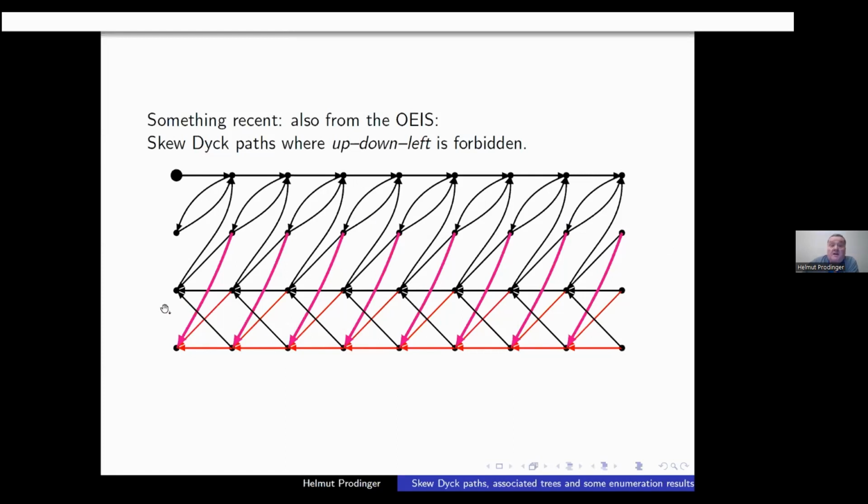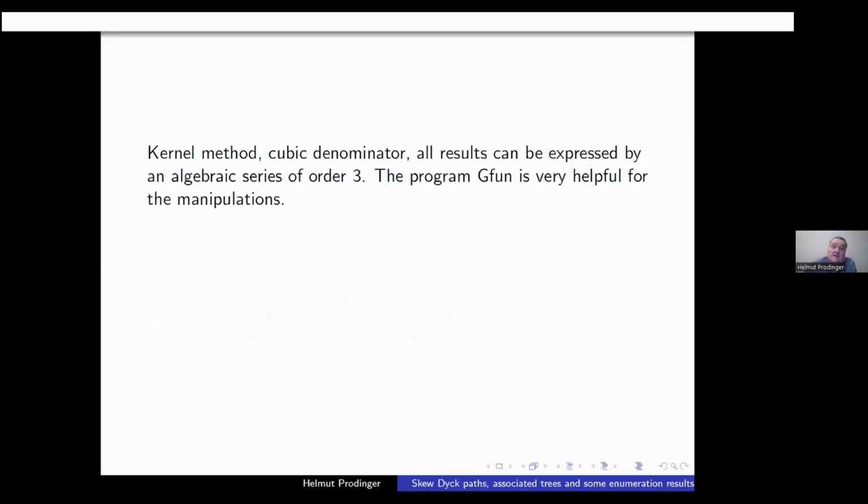But we can do better, and we can actually count how often we run through the magenta type edges. So this time we see four sequences, 4 layers, and recursions that one can set up. I'm not going through the computations, but this time the denominator that was quadratic in the previous case is actually cubic. And then using the kernel method, one has 3 factors, and 2 of them are bad, and 1 of them is good.